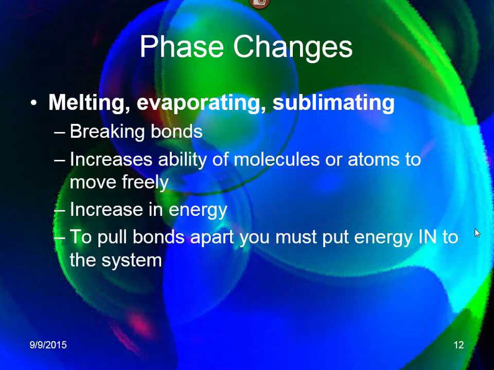Here's how we're going to tie this to endo and exo. If you would like to pull bonds apart, you must put energy into the system to do that. And the example that I usually use is just a real simple pair of magnets. If these magnets are atoms that are bonded together, do they fall apart by themselves? No. If I want them to come apart, I have to put energy in to do that.